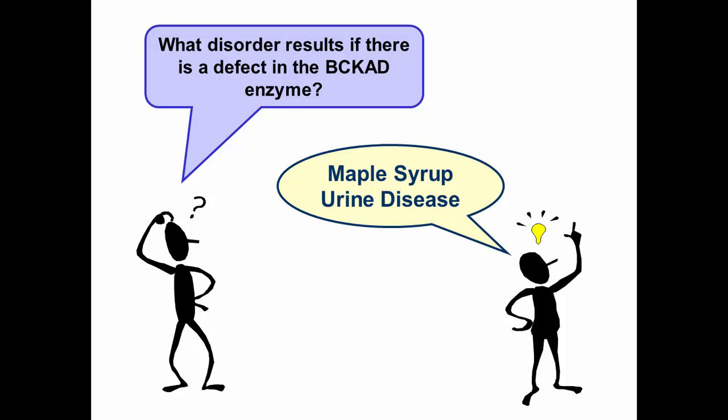Basically what ends up happening is you get alpha keto acids building up in the urine, and it smells like maple syrup, which is kind of odd, but that's why they call it maple syrup urine disease. It doesn't change the texture or anything like that, but it is certainly associated with mental retardation and death if it's not treated, so we give infants specialized formulas that have low branch chain content, which can help them manage and prevent problems.